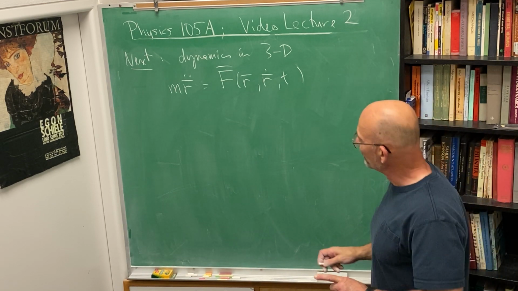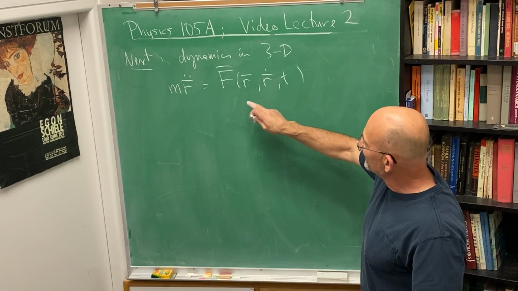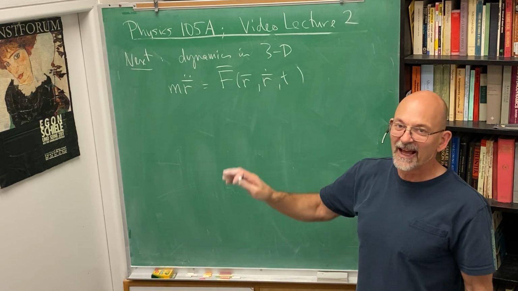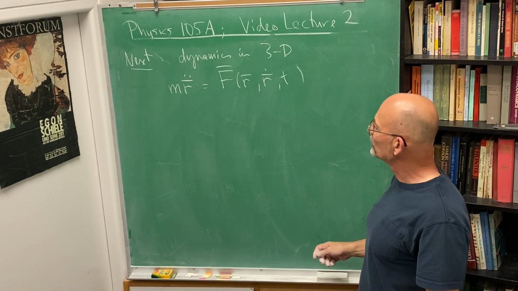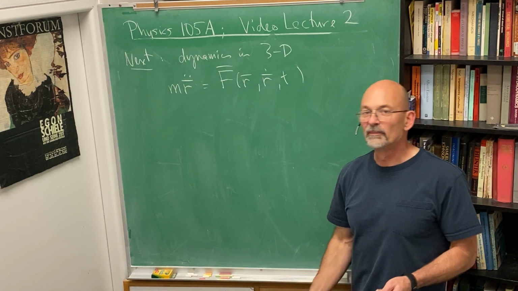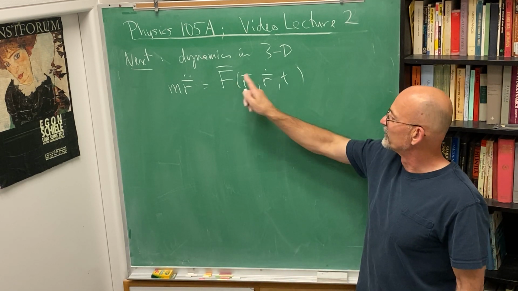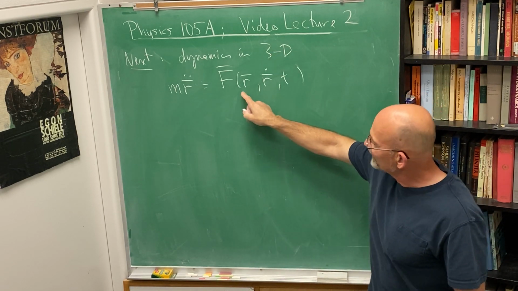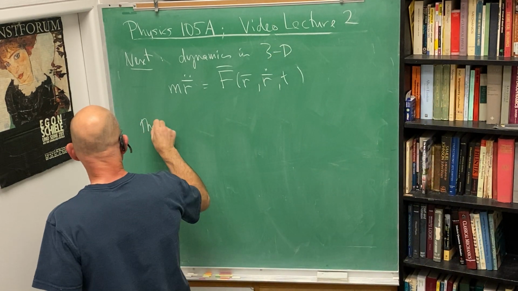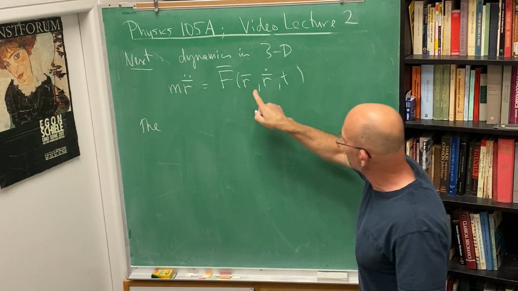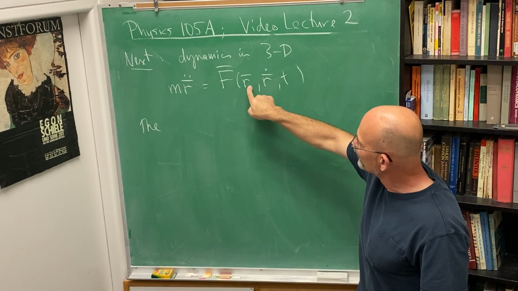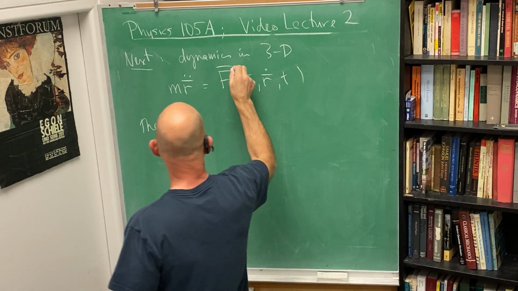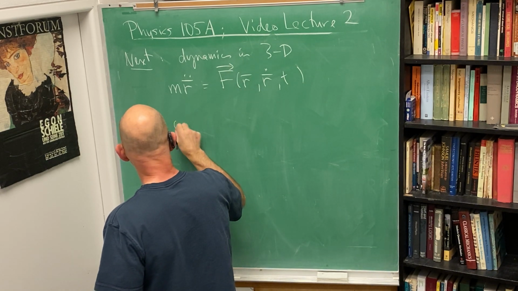Our next major topic is going to be just like what we had in the 1-dimensional case. What did we do in 1 dimension after we had gone through a bunch of examples of F of this, that, and the other? We went to the case where F is just a function of position alone, F being the force on our particle.